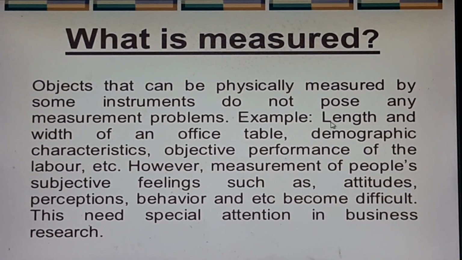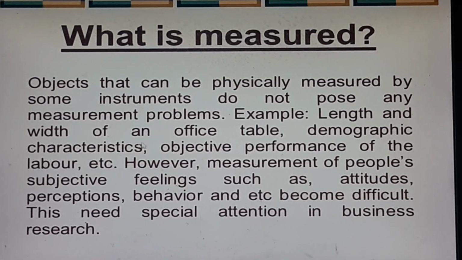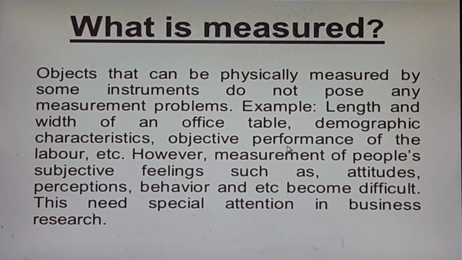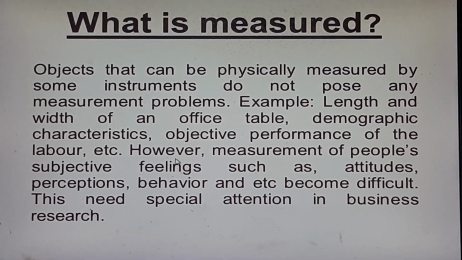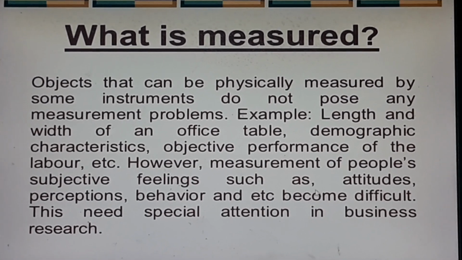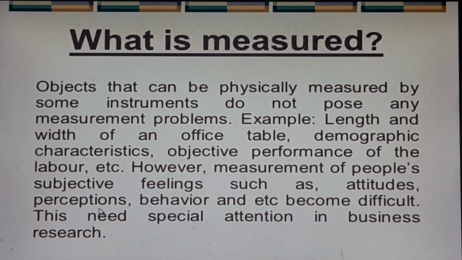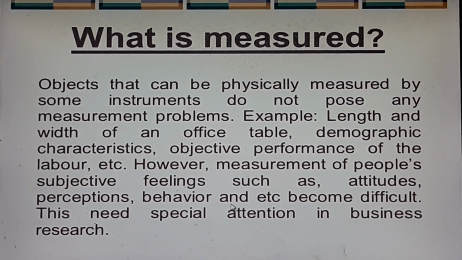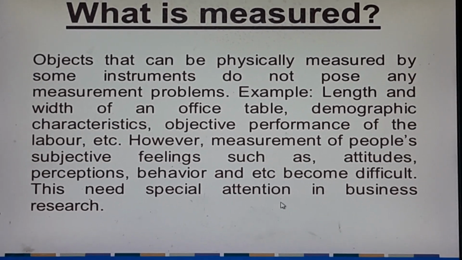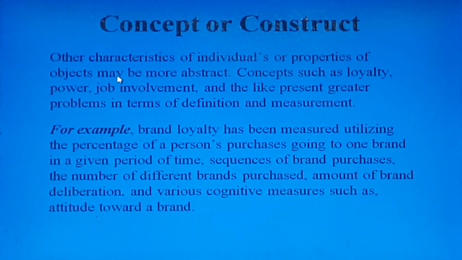For example, length and width of an office table, demographic characteristics, objective performance of the labor, etc. However, measurement of people's subjective feelings such as attitudes, perceptions, behavior, etc. become difficult. These need special attention in business research.